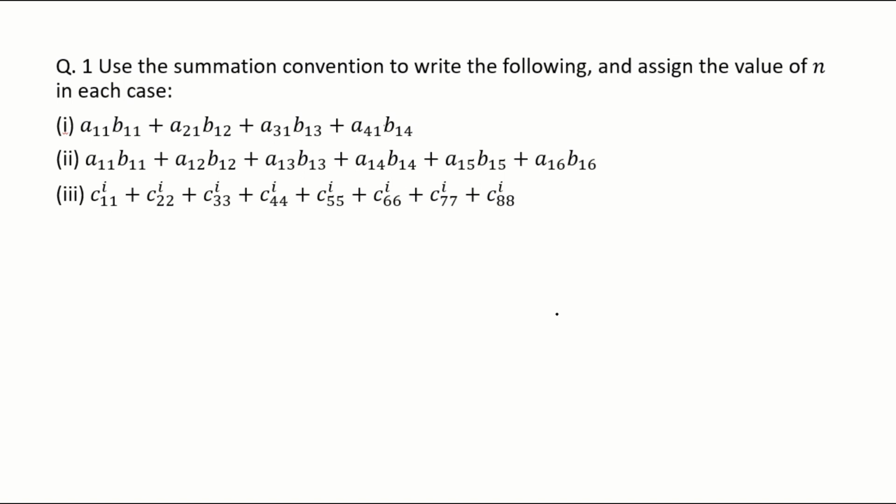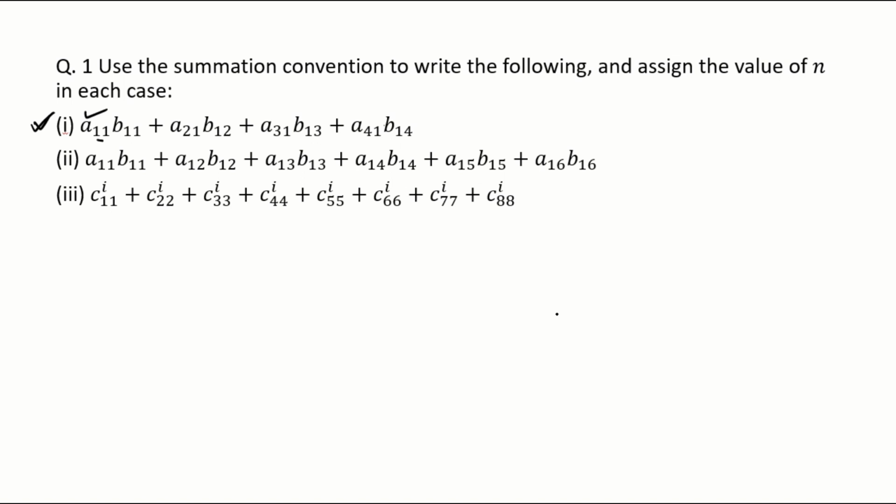So if you look carefully, the first part, here we have a11 b11, next a21 b12. First look at the first part of each term: a11, a21, a31, a41.